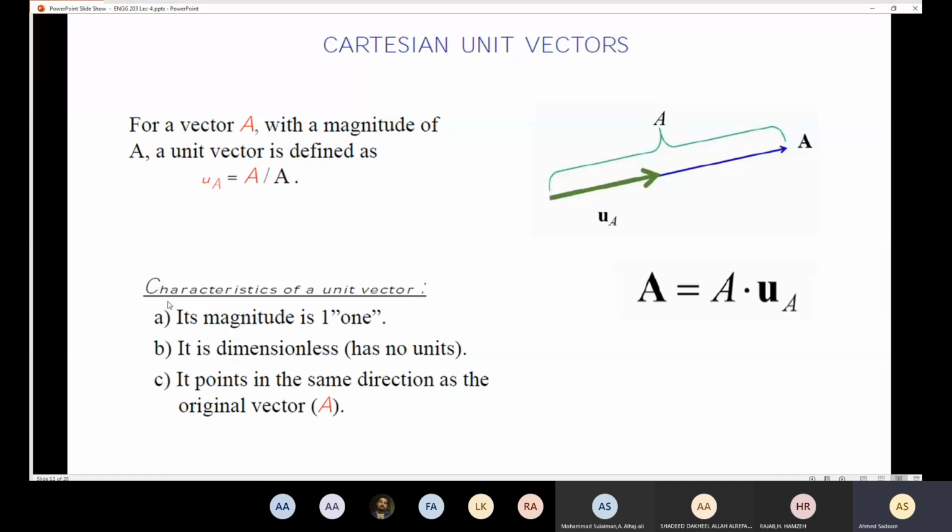And the unit vector is dimensionless, which means that it doesn't have any units. And it always points in the same direction as the original vector. So the unit vector is going to point in the same direction as the original vector. And the magnitude of the unit vector is 1, and it's dimensionless.